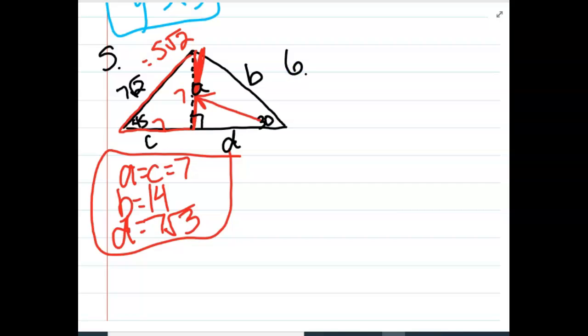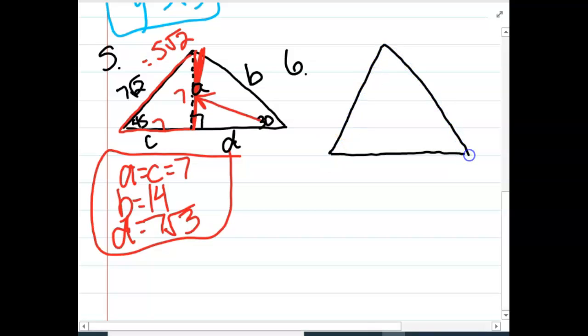Okay, last one. Let's draw another big triangle here. See if I can do a better job drawing it to scale. And the other class, we're doing the same thing. Drop a line straight down to the bottom. And this time, this left-hand angle is going to be 60. The right-hand angle is going to be 45.